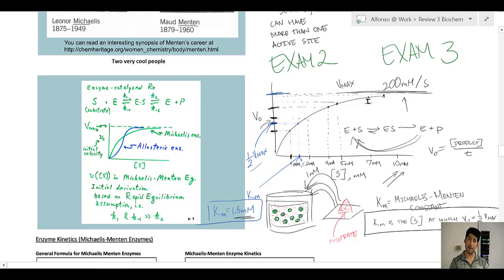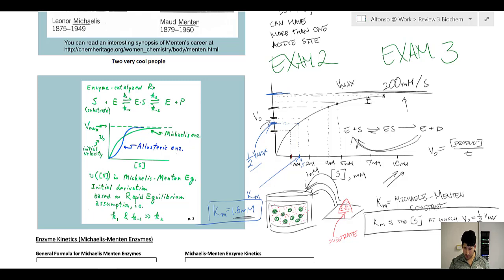It just so happens that at this substrate concentration, that is also our Km value. All right, we're going to see some more graphs, so don't worry if you don't understand that at this moment. I think that if you see a little more examples, you'll get the idea of what I'm talking about.